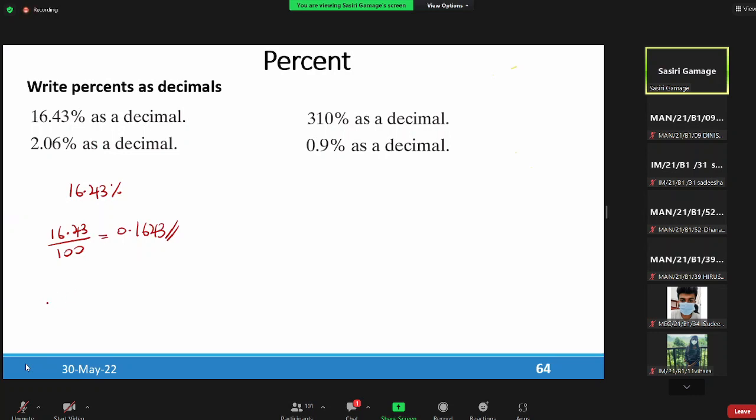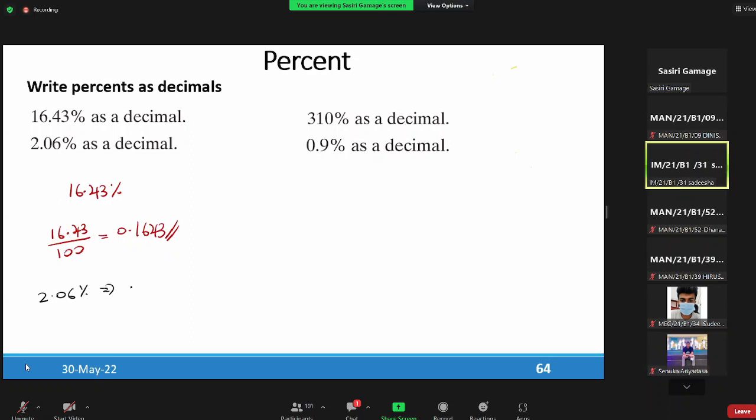What's the answer for this? 0.0206. Okay, this is the answer. That means simply you can forget this percent and move two decimal places in this value, isn't it?